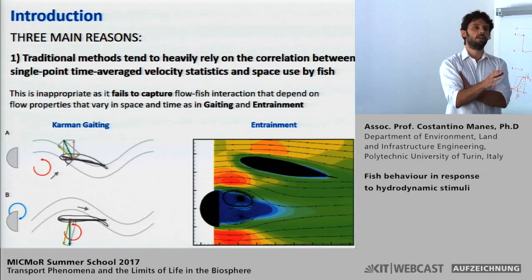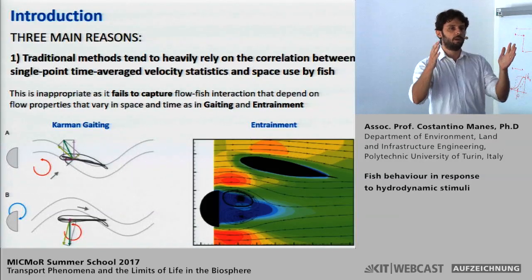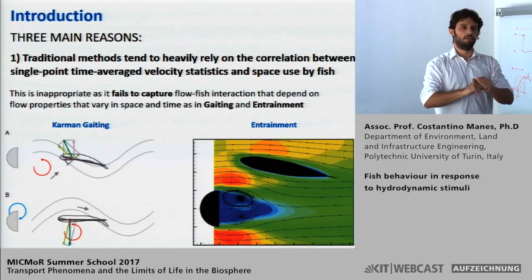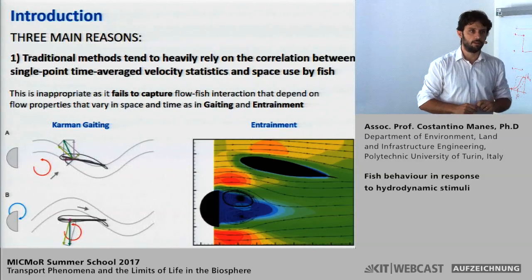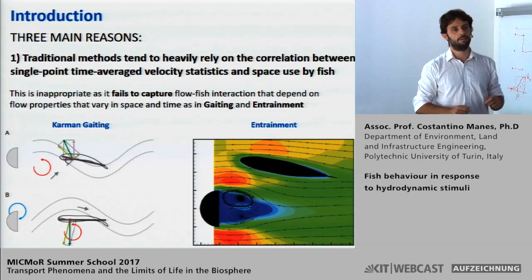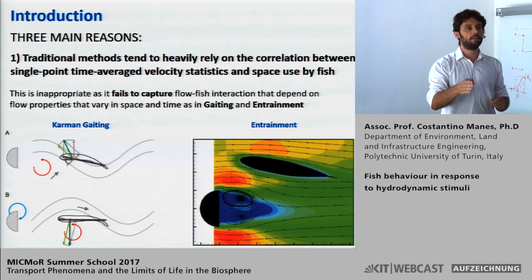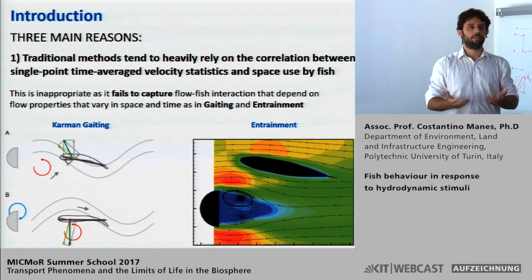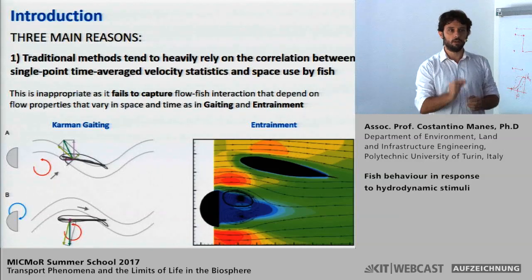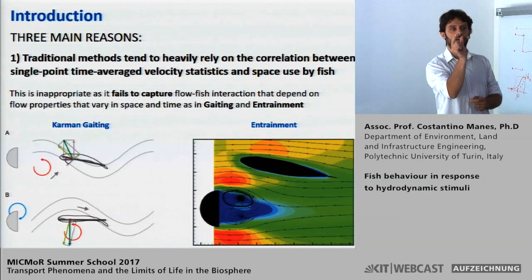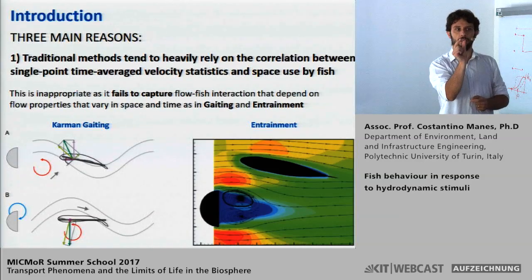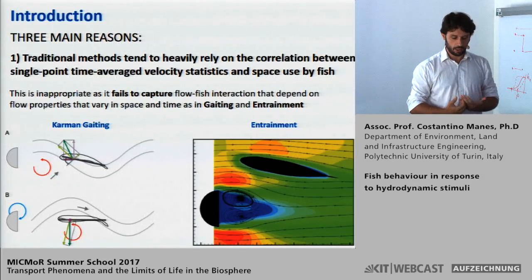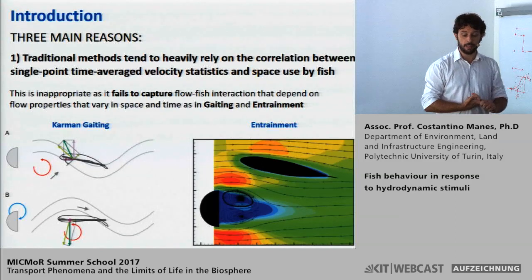So traditionally, you do experiments in a flume, you put some sort of rocks or sources of complexity for the hydrodynamics, then you put the fish inside the flume and you monitor with the camera where the fish goes. You see what sort of preference they have for different places, and you correlate where the fish stays longer with a hydrodynamic metric of that place. And they use time average single point velocity statistics.